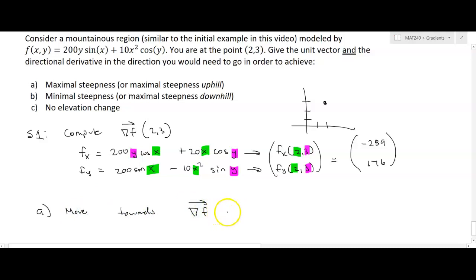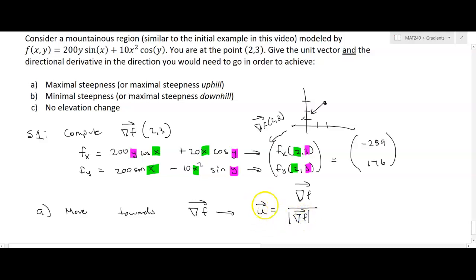But we said that in order to compare apples to apples, and describe the average rate of change per 1 unit in that direction, we need to be careful. The vector (-289, 176) points a lot this way and a little bit down, and that's the gradient of f at the point (2, 3). It's a really long vector, so we want to unitize it. To get the unit vector, we take grad f and divide it by its magnitude.